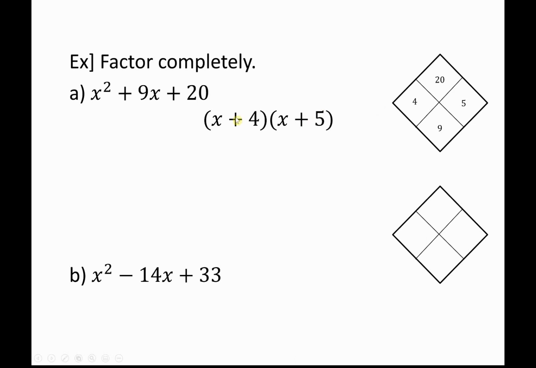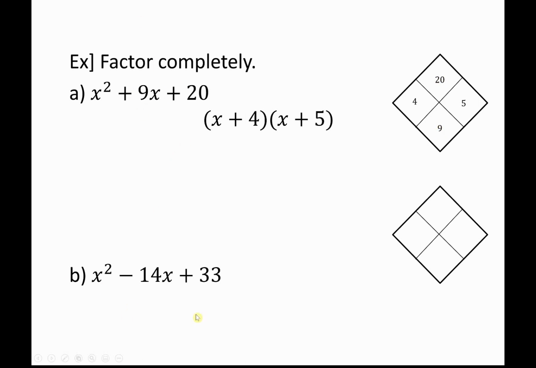And there's plus signs here separating these terms because the numbers that finish the diamond were positive, okay? And that is a consequence of the initial numbers, the 20 and the 9, the c and the b respectively, both being positive terms, okay?